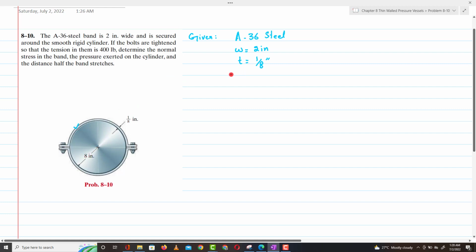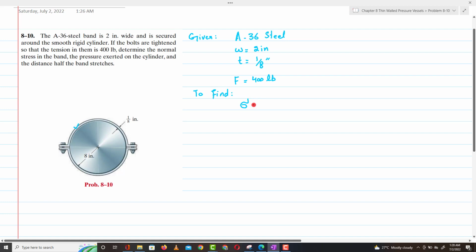Clear? And tension, that is force F, is equal to 400 pound. So what we have to find is the normal stress, sigma.